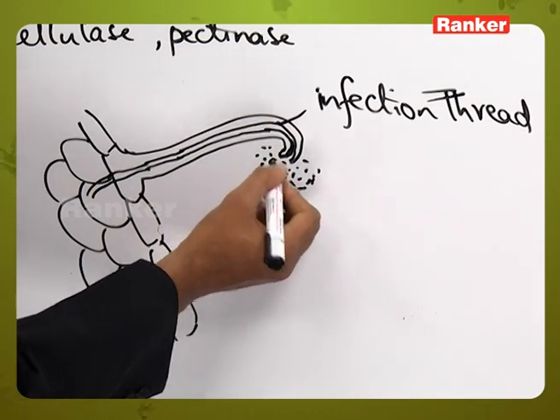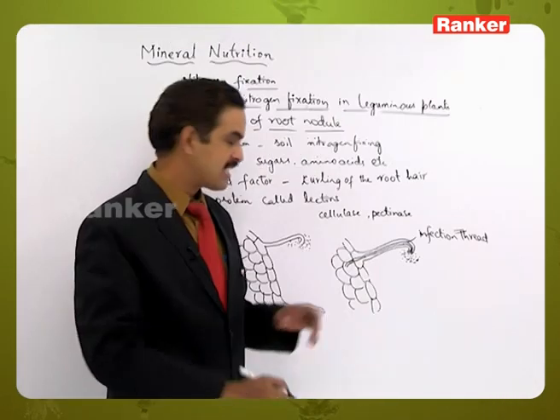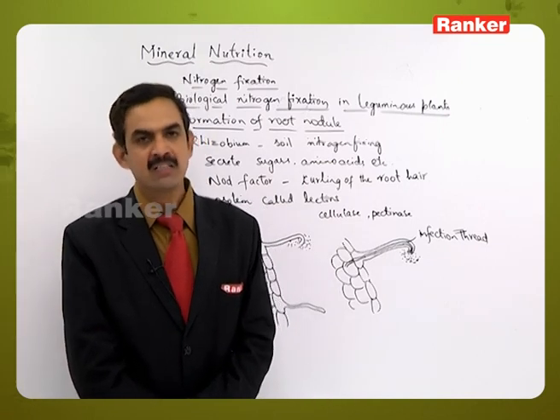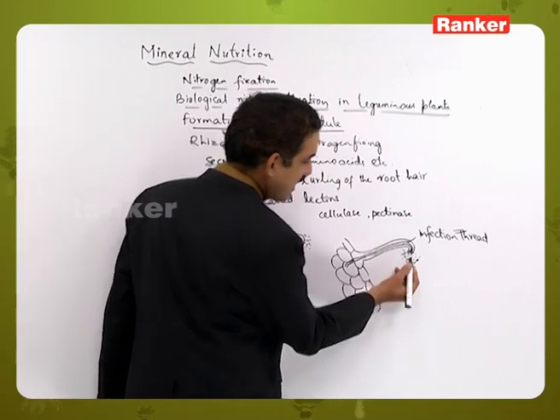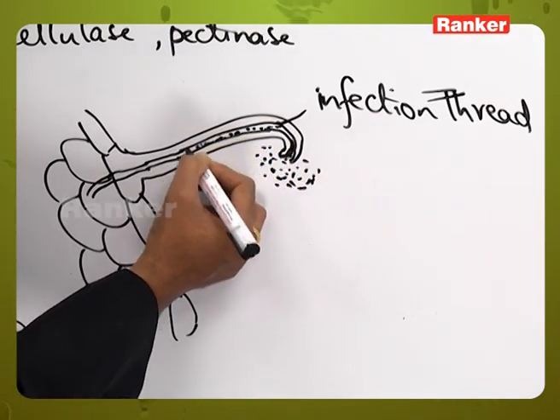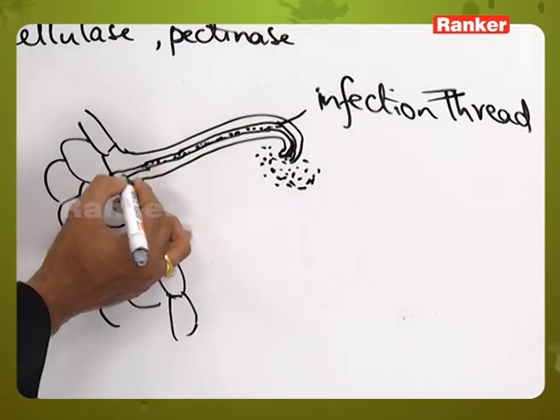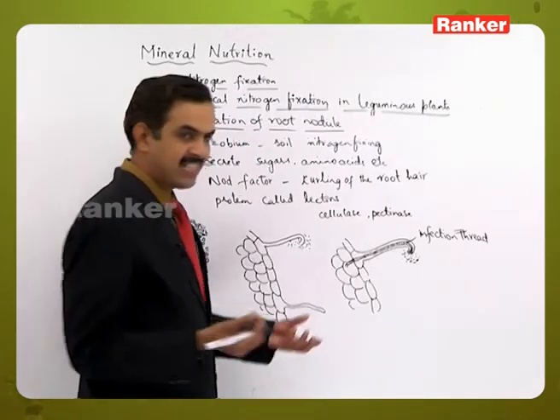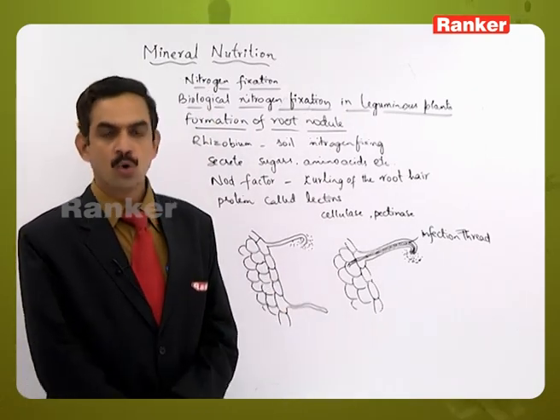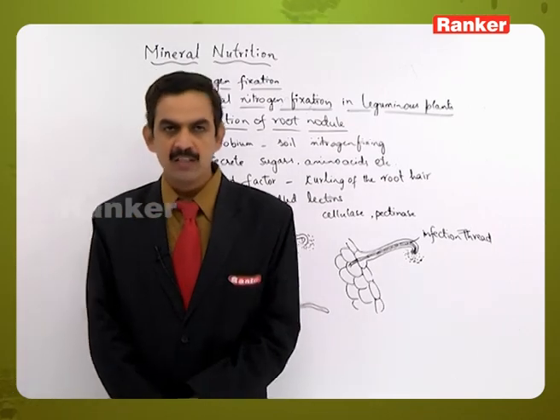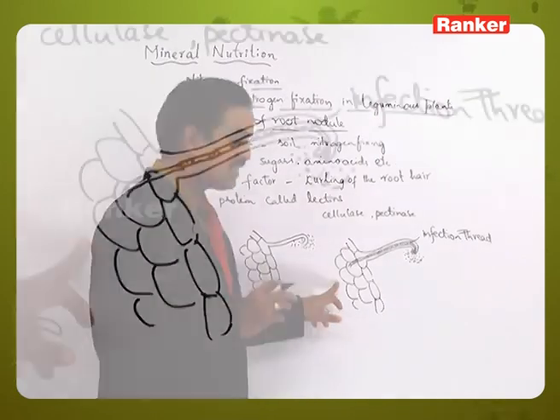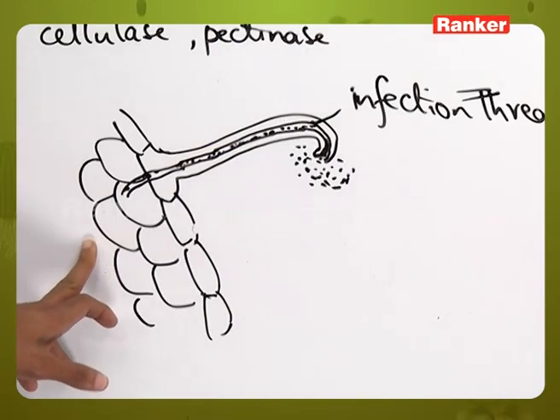In the meantime, the bacteria present around this root hair will multiply, and their number will gradually increase. All these bacteria will pass into this infection thread and gradually move into the inner tissue along with the infection thread. Likewise they will reach and enter the cortical tissue of the root, and by that stimulation, the cells of the cortex will start dividing.